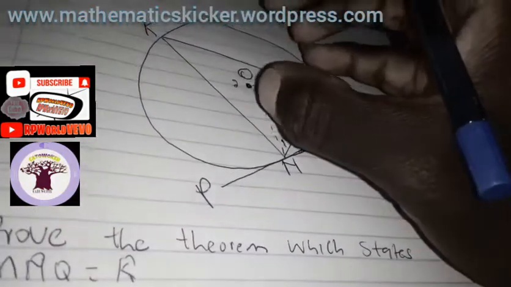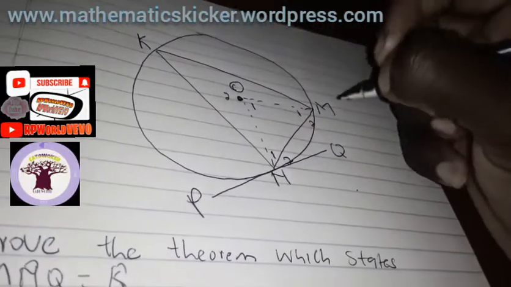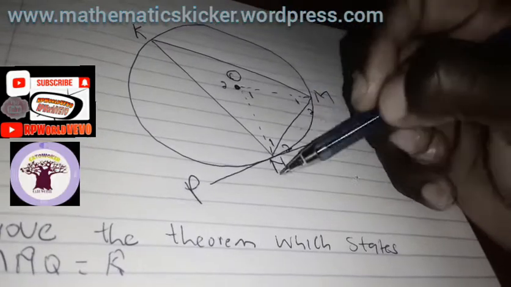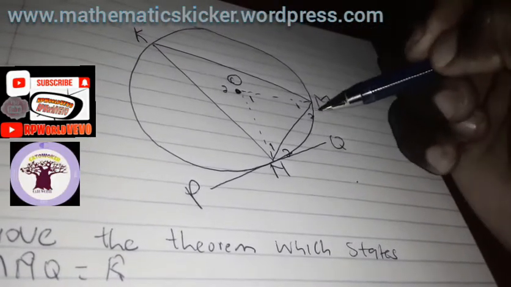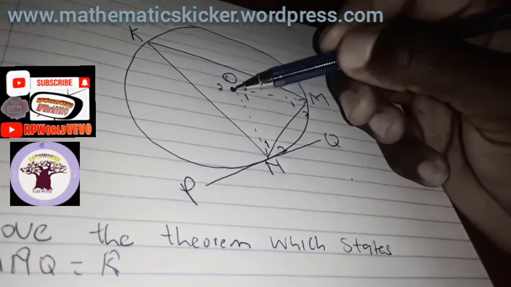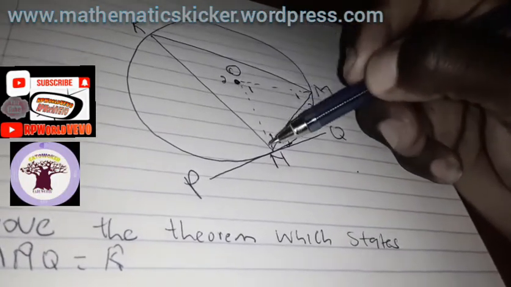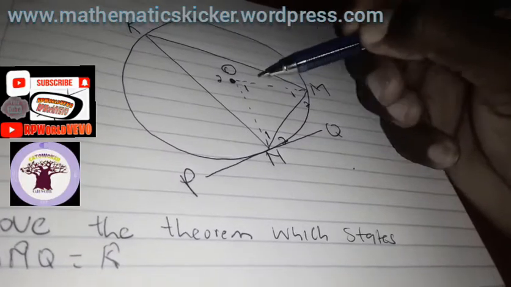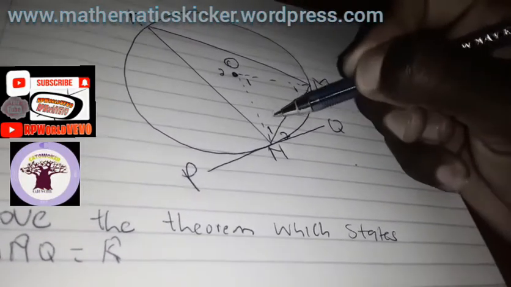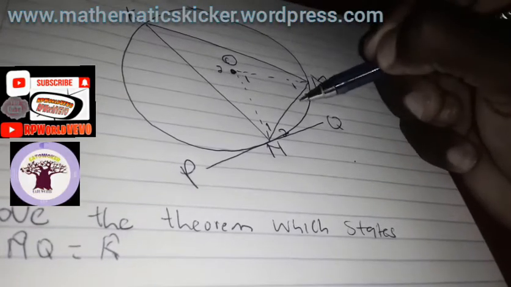Then in this circle and the triangle MON, we realize that ON and OM are radii and are equal, because a line drawn from the center of a circle to the circumference, these lines are equal. We can conclude that angle N1 is equal to angle M1.